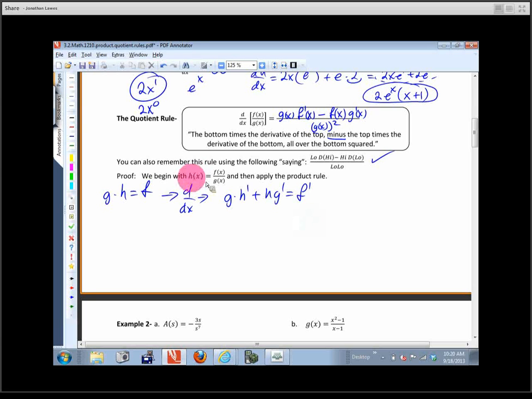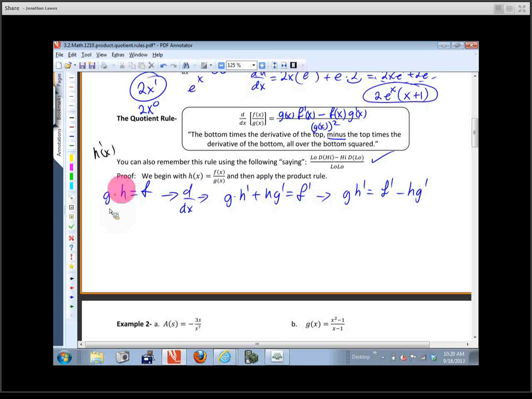Okay, now what I wanted was h prime of x. So I want to get h prime all by itself. So let's move this around. I'm going to move this to the other side. So that's going to be g h prime equals f prime minus h g prime. Again, it's just an equation.